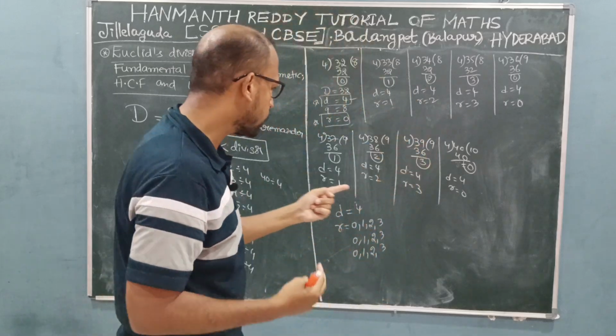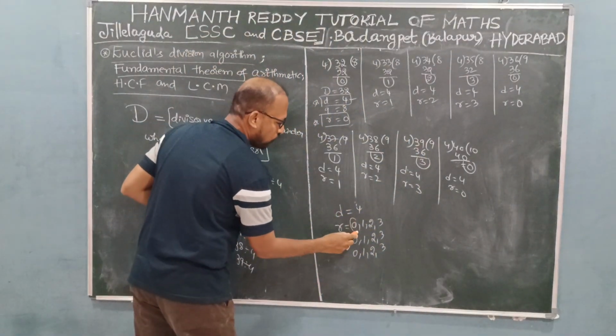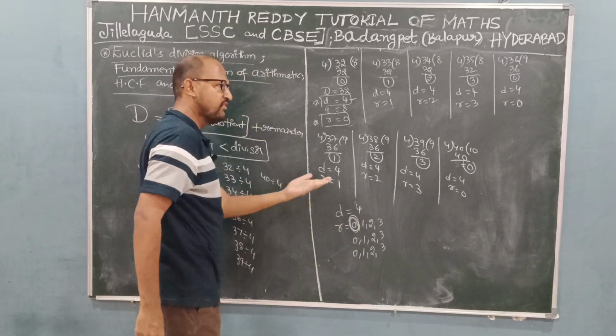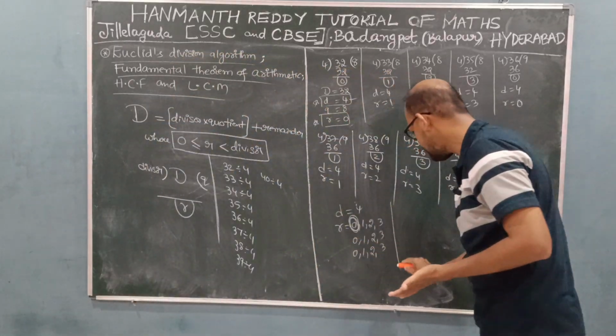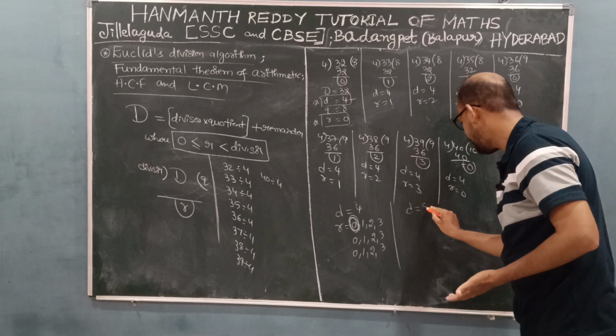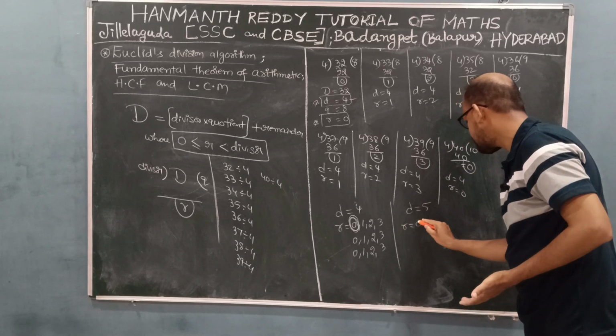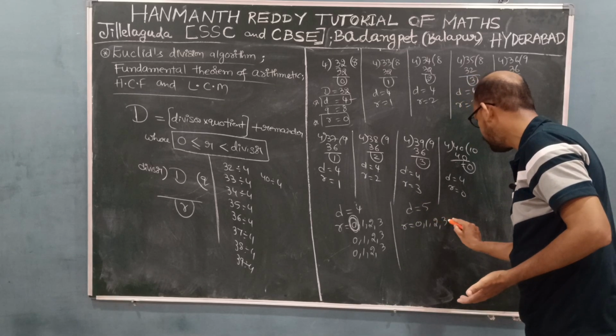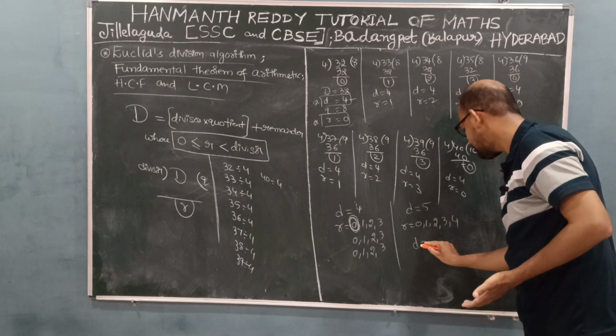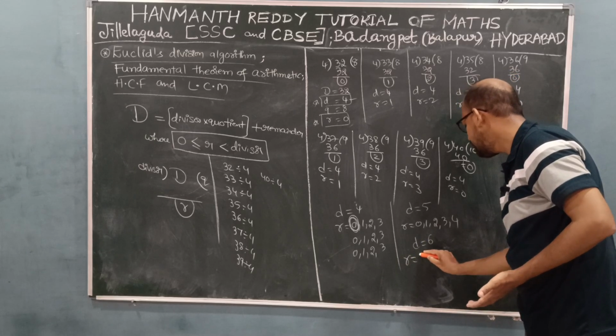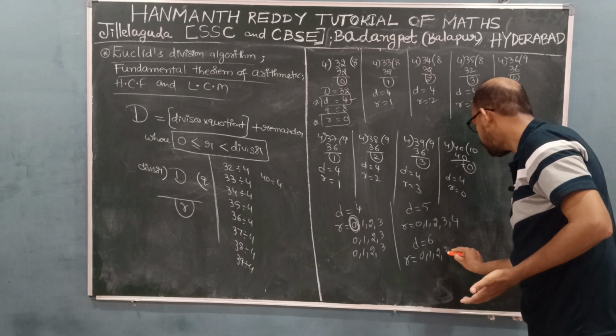If you observe, the minimum remainder can be 0 for any divisor. If the divisor is 5, the possible remainders are 0, 1, 2, 3, 4. If the divisor is 6, the possible remainders are 0, 1, 2, 3, 4, 5.